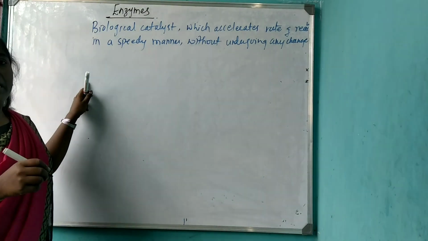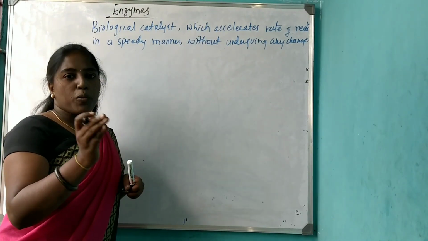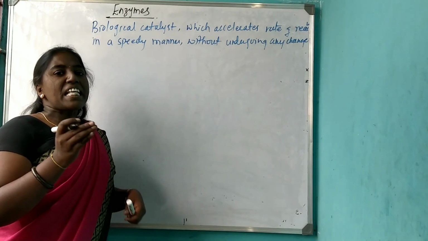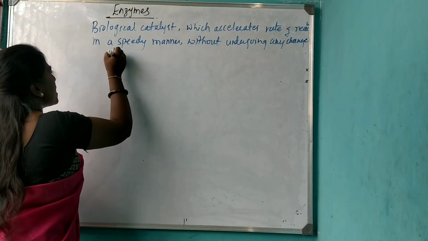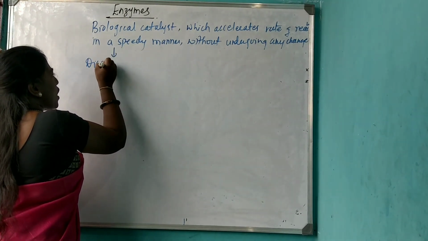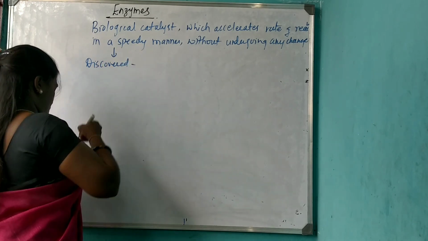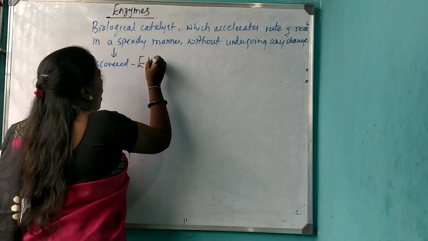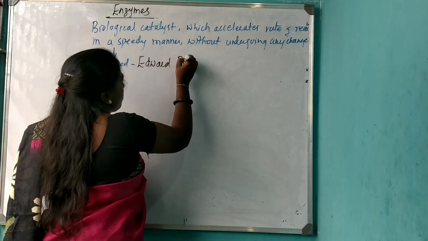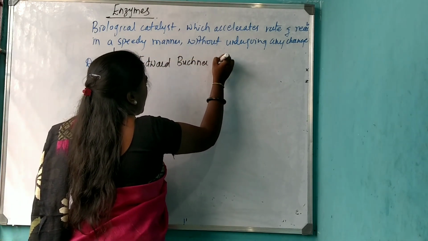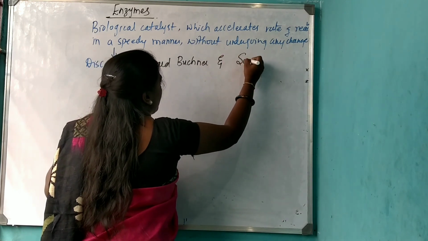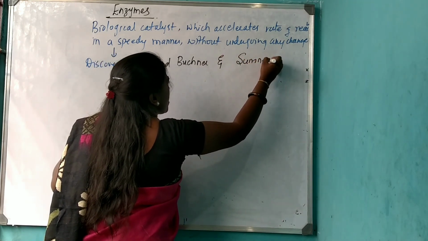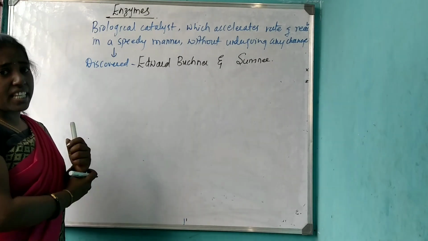The enzymes were discovered by Edward Buchner and J.B. Sumner. These are the two scientists who discovered the enzymes.